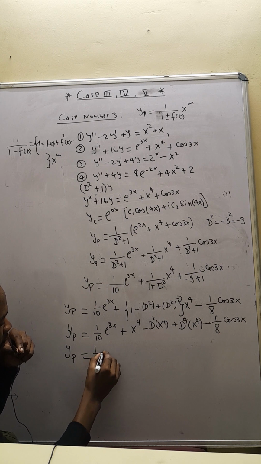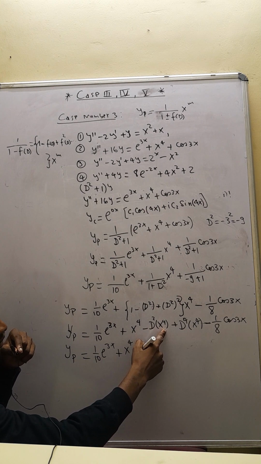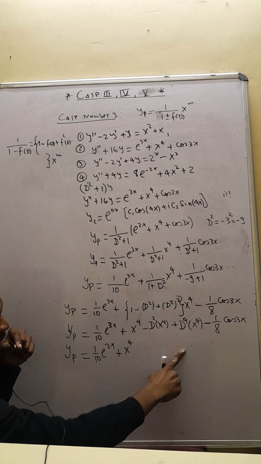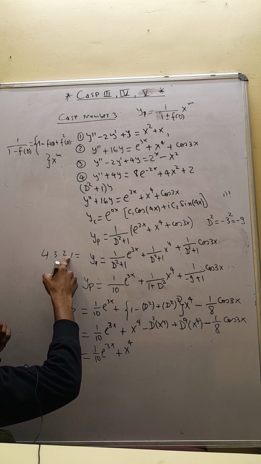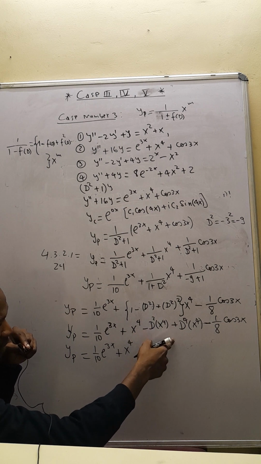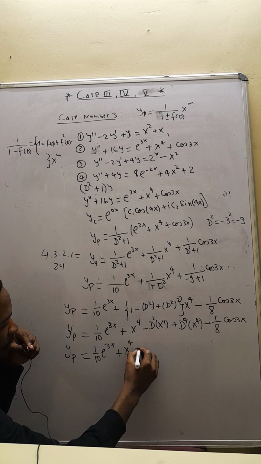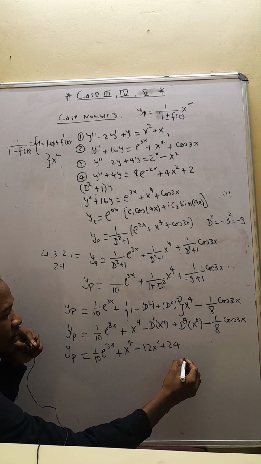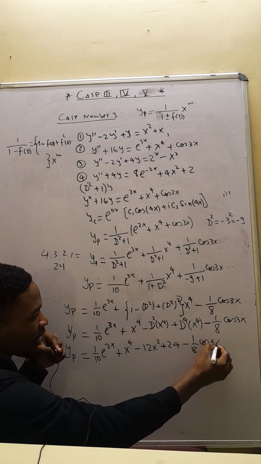Yp is 1 by 10 Euler raised to 3x plus x raised to 4. This differentiation will be only 4 factorial. 4 factorial is like 4 times 3 times 2 times 1. This is 6, 24. And here, if you differentiate this guy, first time will be 4x cubed, second time 12x squared. So this will be minus 12x squared plus 24 minus 1 by 8 cos 3x.